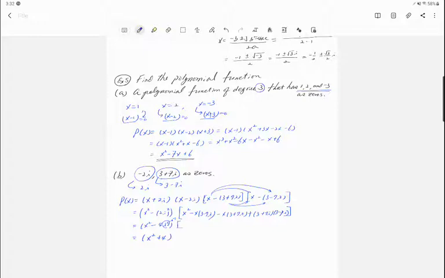Then let's simplify this bracket. x squared minus 3x plus 7xi, plus 3x minus 7xi, plus, isn't this a difference of squares? 3 squared is 9, minus 7 times 7 is 49, i squared.